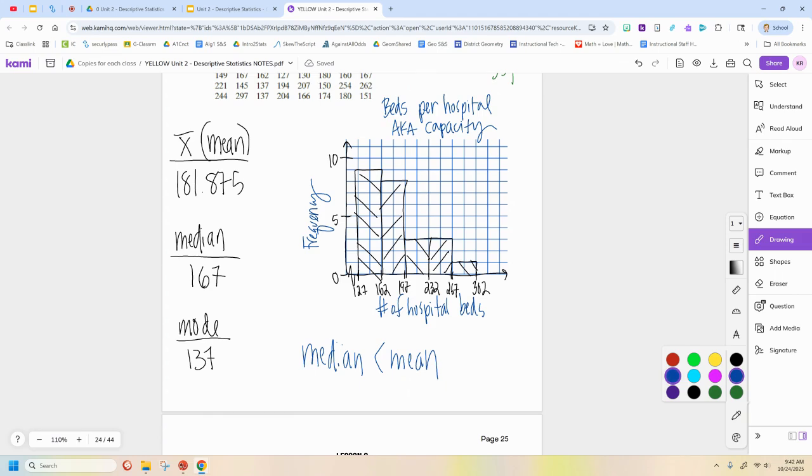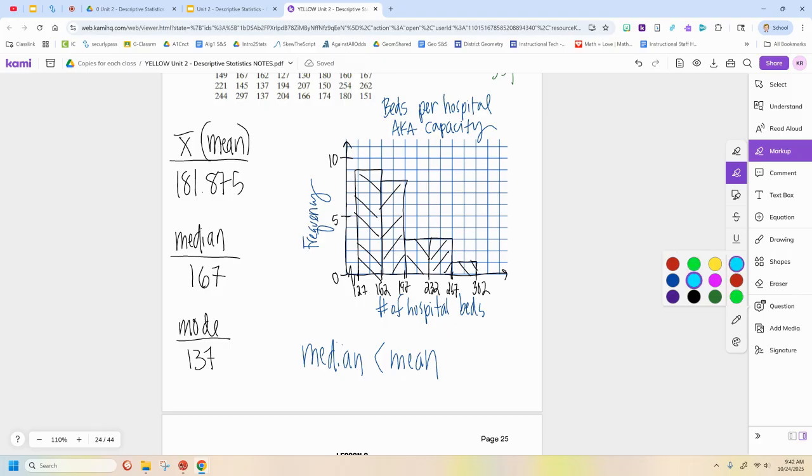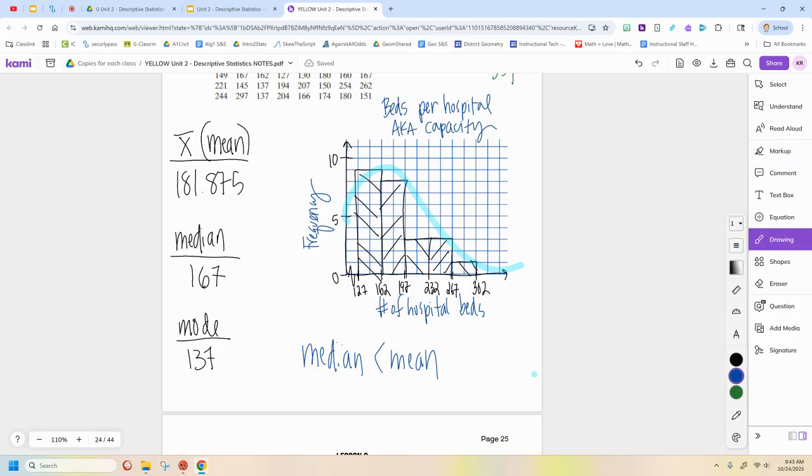When we look at the data, you don't have to do this, I do it because I'm teaching you guys right now, I tend to draw something on it to help you visualize what's happening. So when we look at that data, it's certainly not symmetric. There's more on the left than there is on the right. So what are the words that we use to describe that? Skewed right. Okay, so you would say the shape is skewed right.